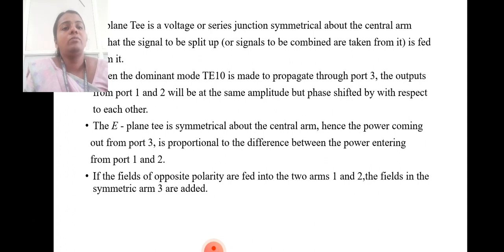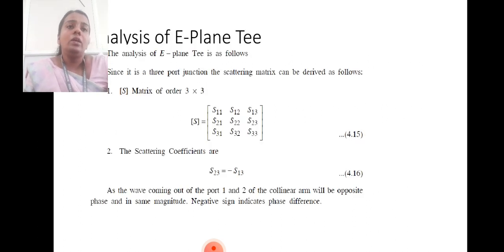The E plane T is symmetrical about the central arm. However, the power coming out from port 3 is proportional to the difference between the power entering from 1 and 2. If fields of opposite polarity are given to arms 1 and 2, the fields in the symmetrical arms are added. So this is about the working of the E plane T.